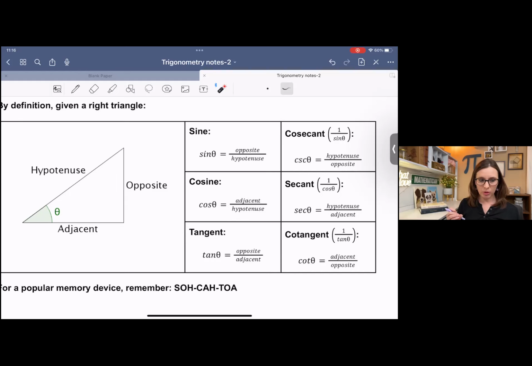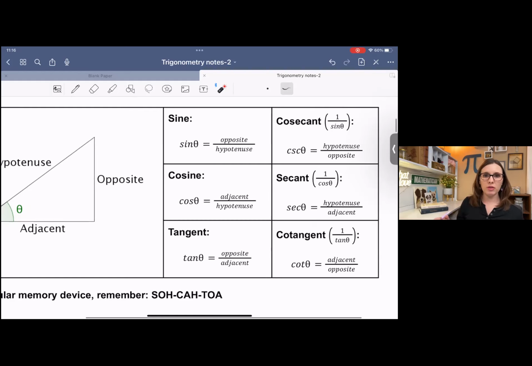And one of the things I want to go over before we move on is the pronunciation of these words. So this word is pronounced sine, like a stop sign. And the abbreviation for it is S-I-N. We don't say sin. It does look like sin, but that is pronounced sine.